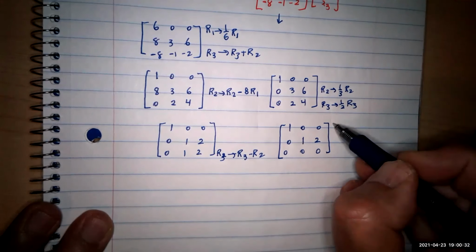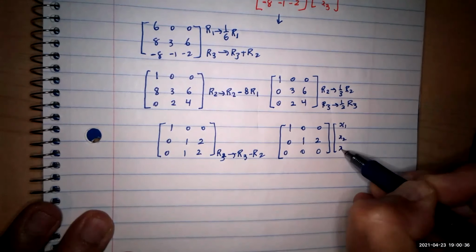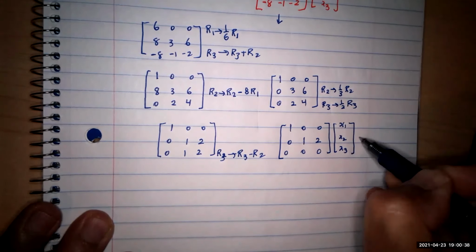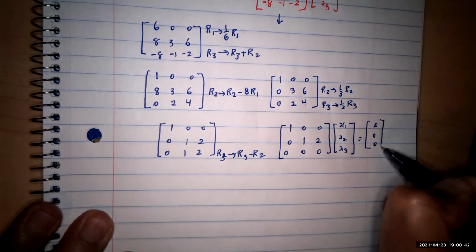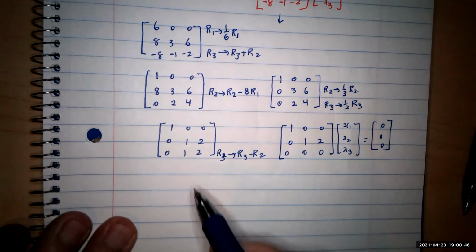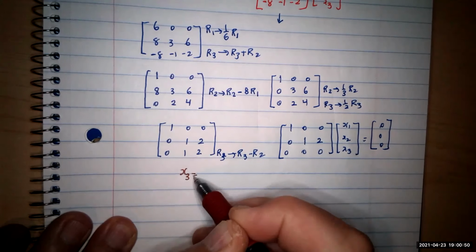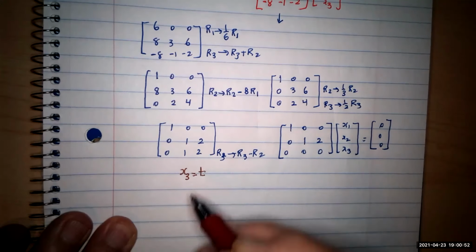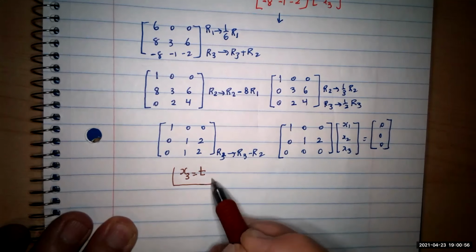Okay, bring the matrix. This is going to be 1, x1, x2, x3. And this is equal to 0, 0, 0. So as you can see, you have to pick x3 to be the free variable. So we pick x3 to be equal to t.